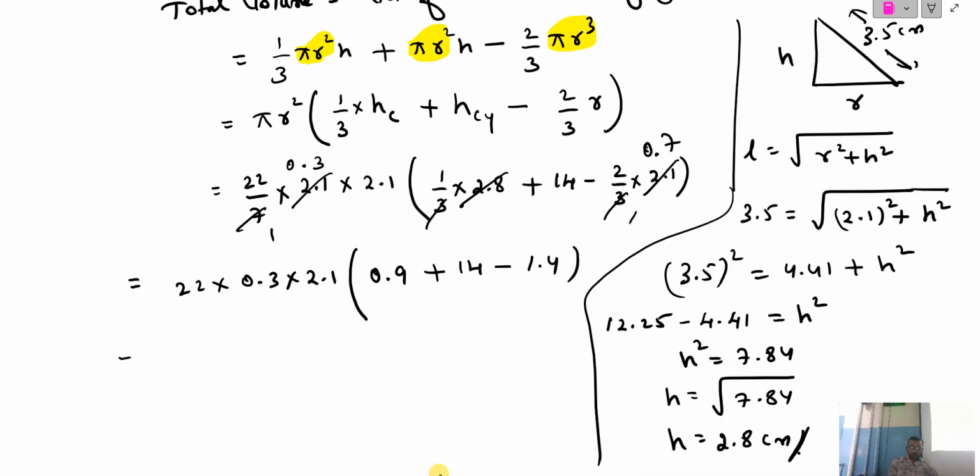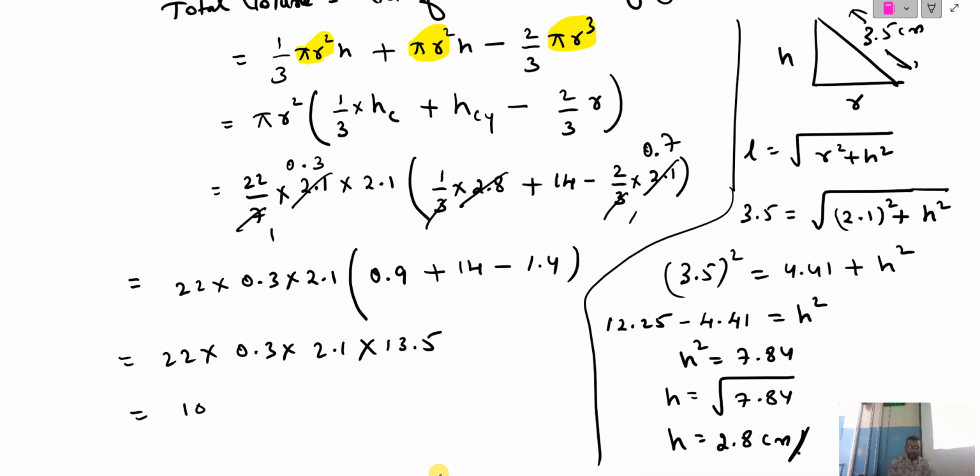Now 22 into 0.3 into 2.1 into, add up all the values and tell me the final conclusion. 0.9 plus 14 minus 1.4, so the answer is 13.5. Now 22 into 0.3 into 2.1 into 13.5.